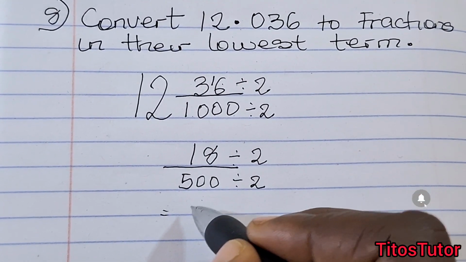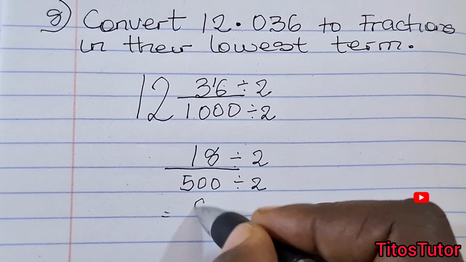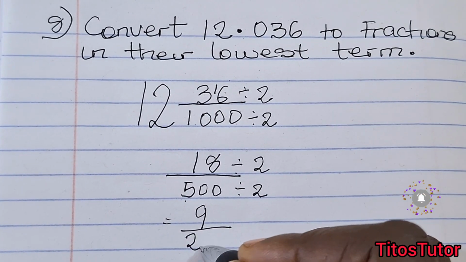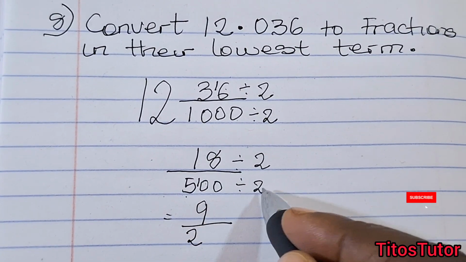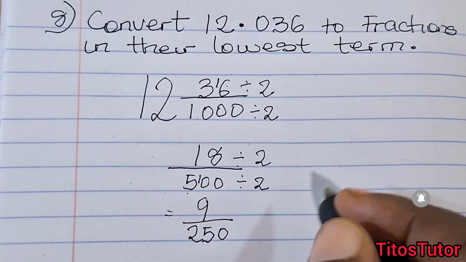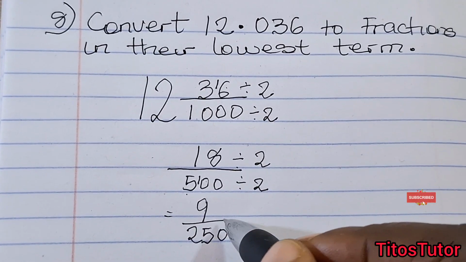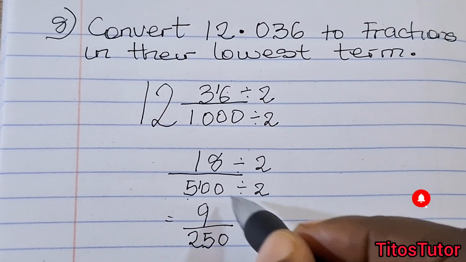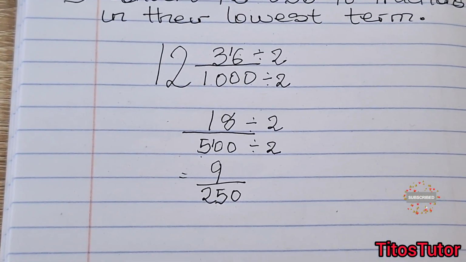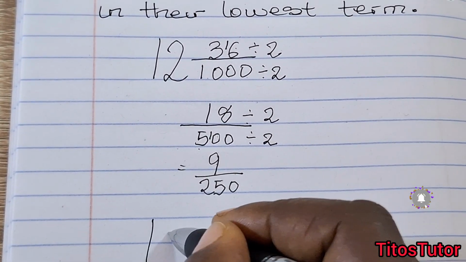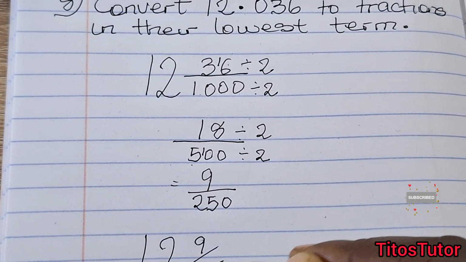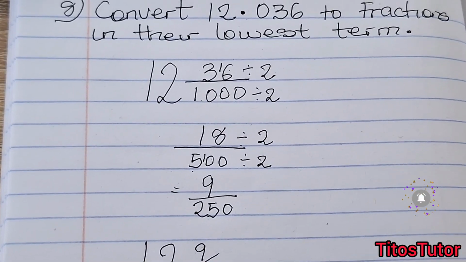So I have 18 divided by 2 is 9. 500 divided by 2 is 250. This is 9 over 250. Nothing can divide anymore. So my final answer would be 12 whole number 9 over 250. And I am done.